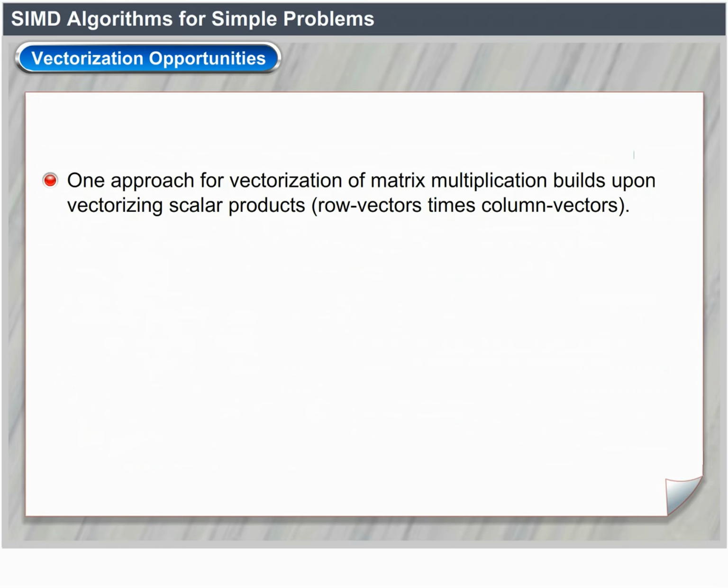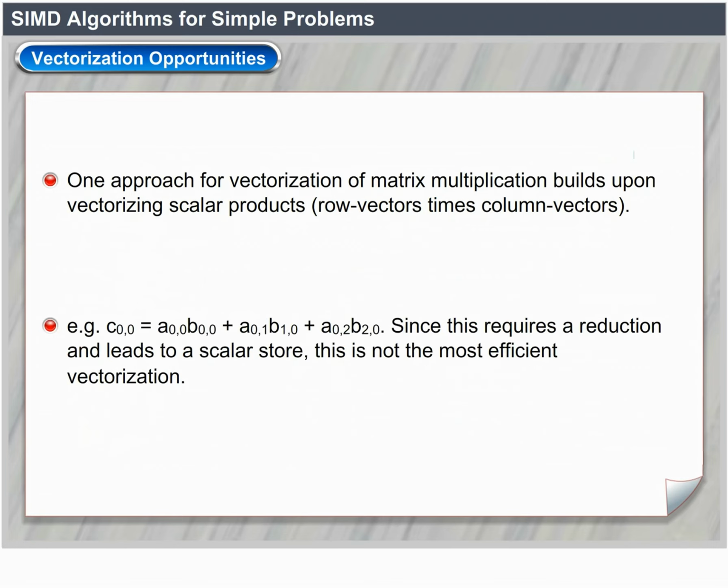Example: C_0,0 equals A_0,0 B_0,0 plus A_0,1 B_1,0 plus A_0,2 B_2,0. Since this requires a reduction and leads to a scalar store, this is not the most efficient vectorization.